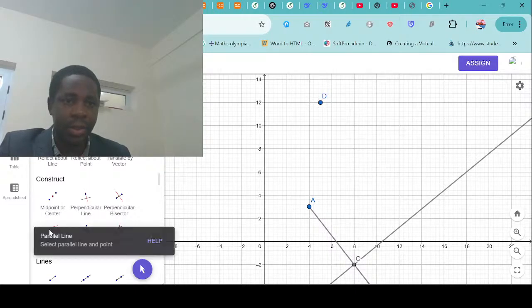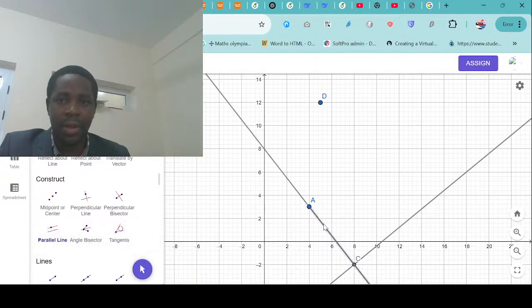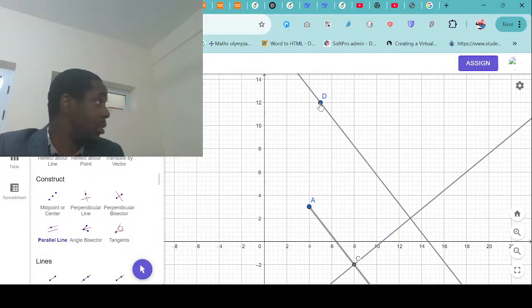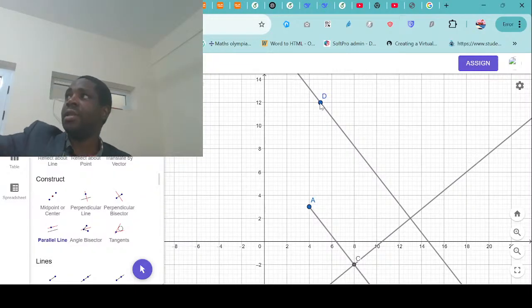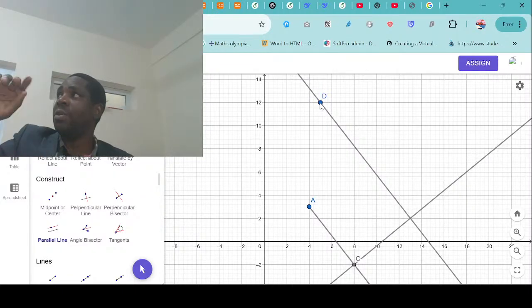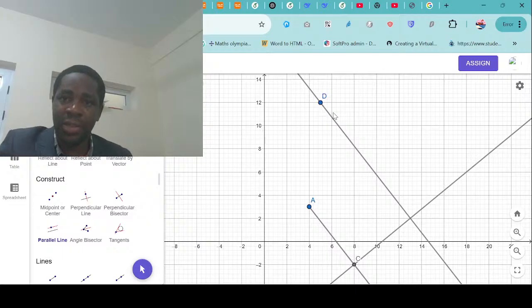So this is it. Select parallel line and one point. So this is the line parallel to this. This now passes through that point. So I've gotten that. So what they actually asked me to find is the intersection of this line and this line. So I'll go and pick my intersection.